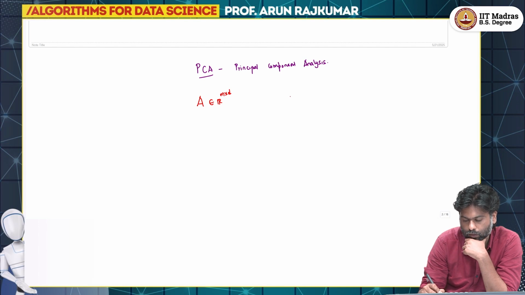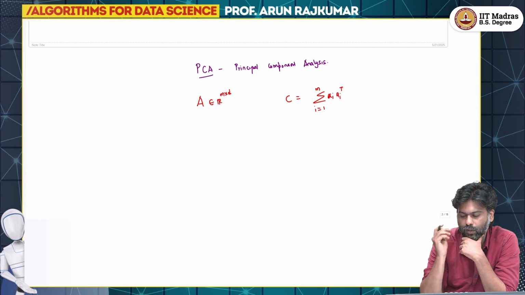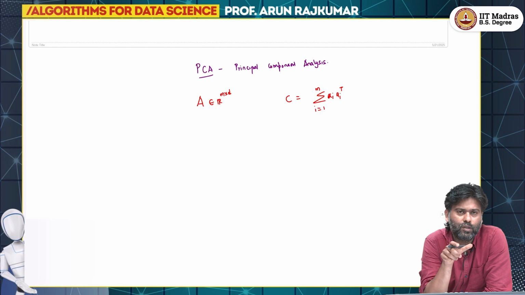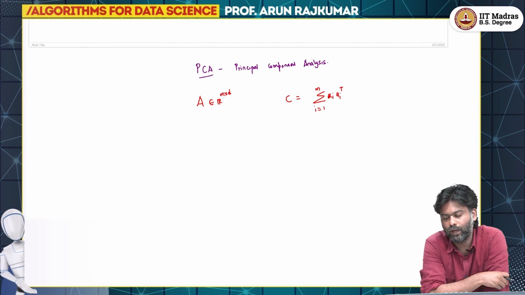This covariance matrix C would be something like the sum over i equals 1 to M of A_i A_i transpose, where A_i is just the ith data point in D dimensions.